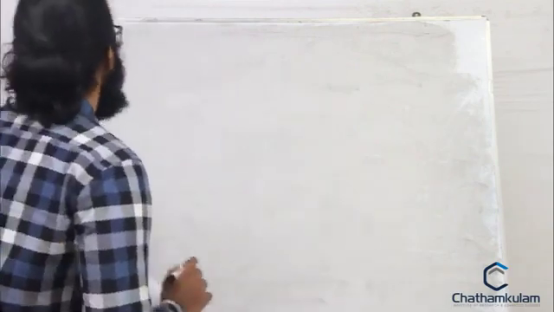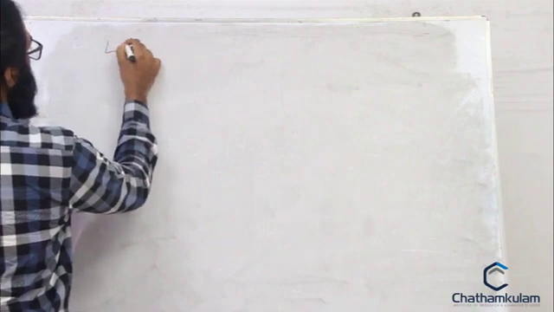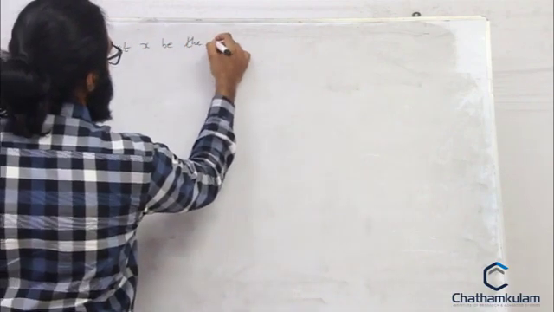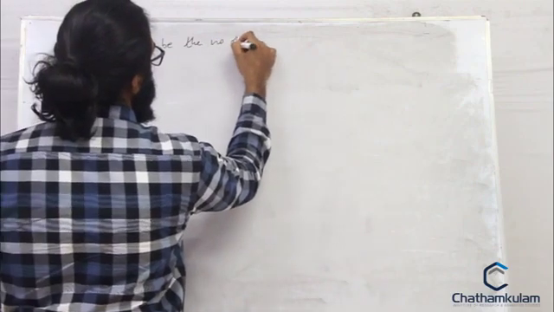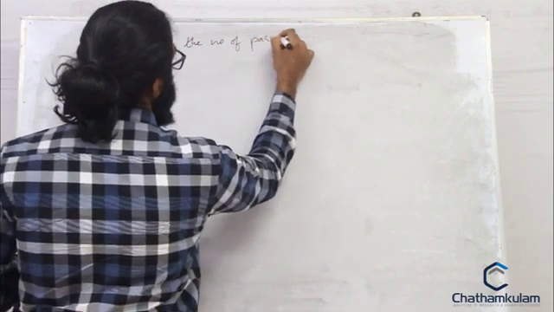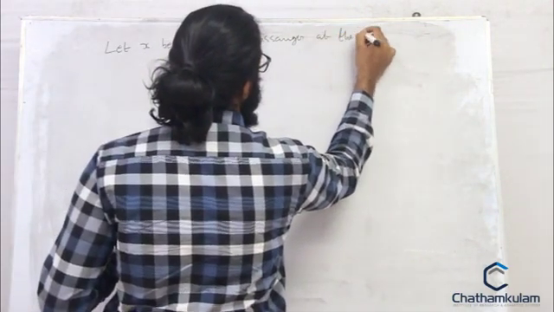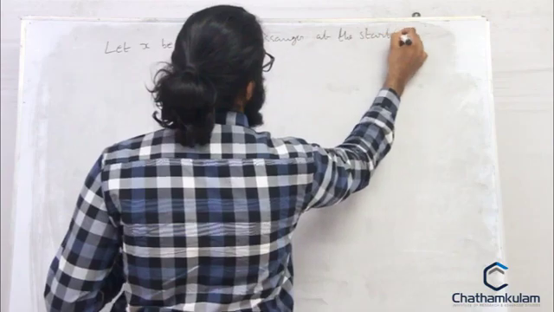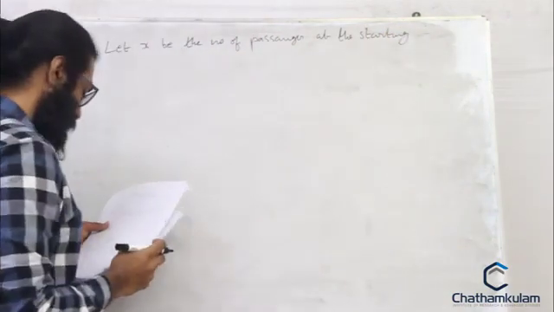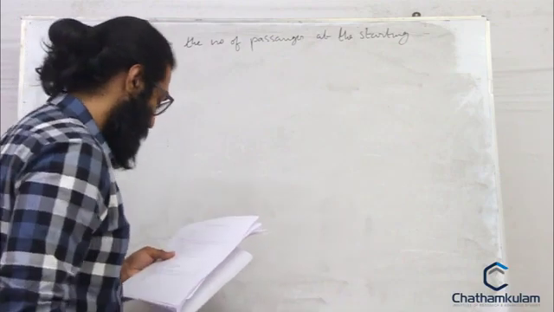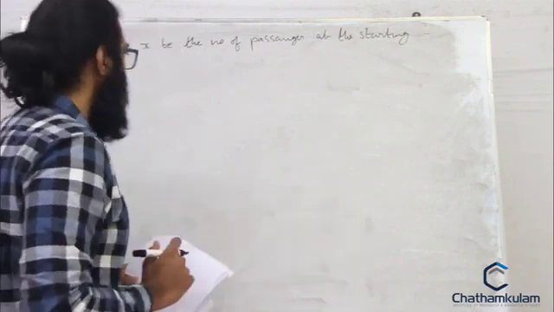We will just first write down: let x be the number of passengers at the starting, right? So next, what is given in the question? At the first station, it drops 1/3 of the passengers but takes in 280 passengers.